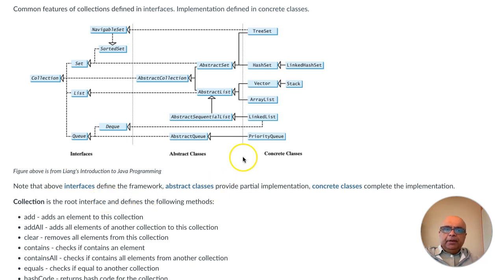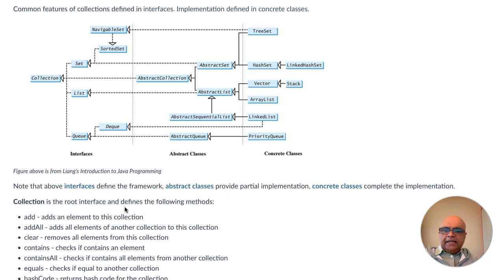They are partially implemented by a set of abstract classes, again, the name in italics, and then they're fully implemented in concrete classes, right? So that's where you have the full implementation, and now you can go use them, right? Now the root interface is called collection, and it provides specification for certain common methods that all of them end up implementing, right?